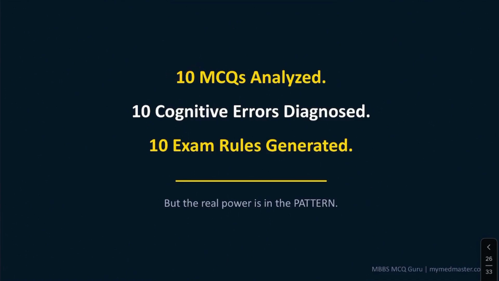Already 10 MCQs were answered by me first. 10 cognitive errors were diagnosed and 10 exam rules were generated. So the important point here is that this system's real power is not in individual MCQs, but rather what happens when you attempt multiple questions together and it understands the pattern.